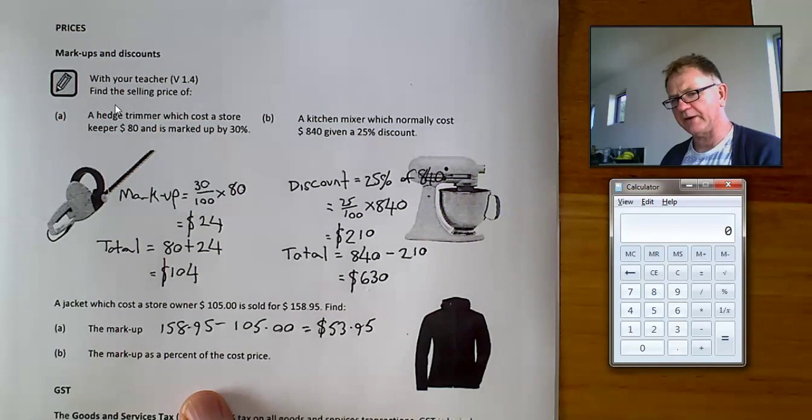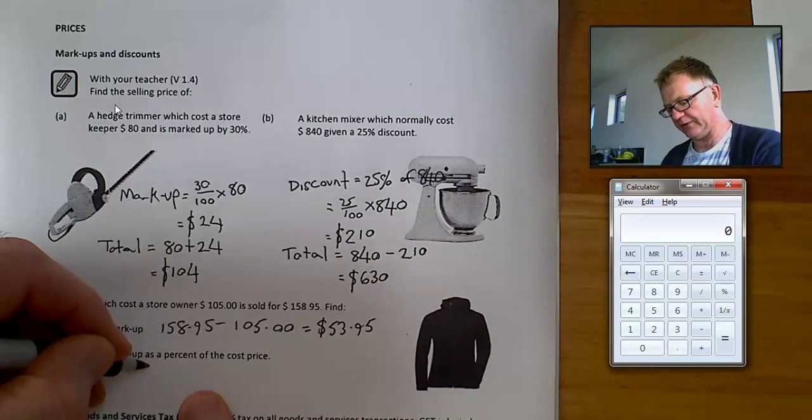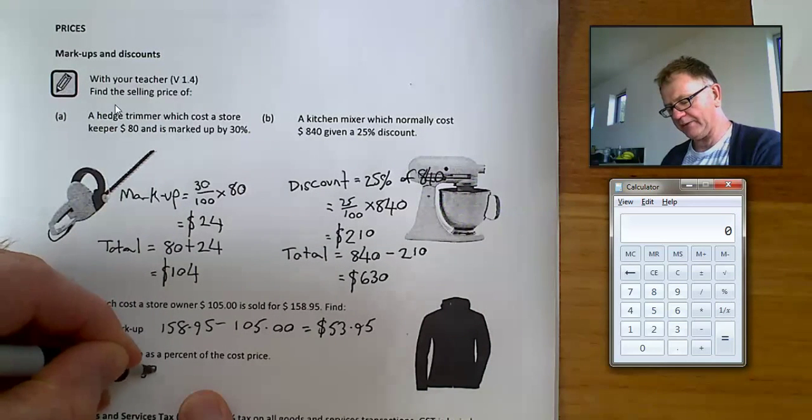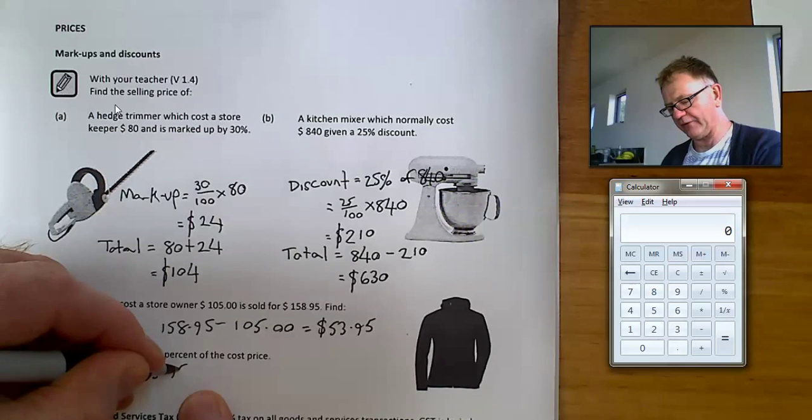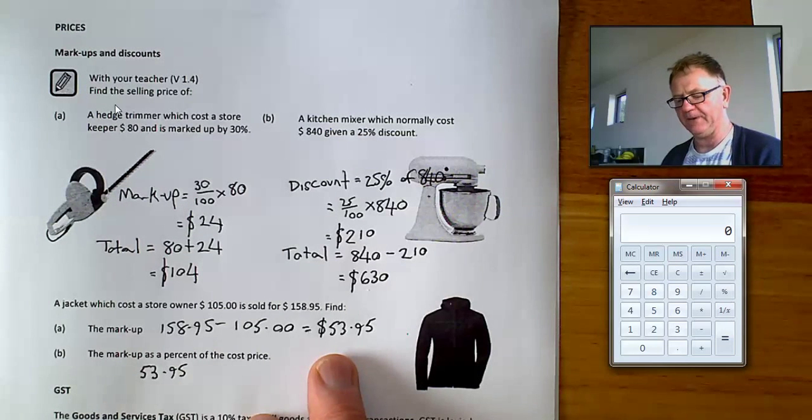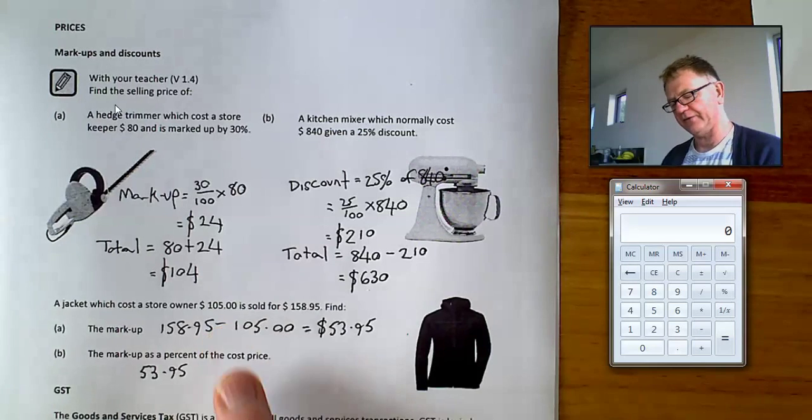Now the last little one is a little bit tricky. It asks us to work out the markup as a percentage of the cost price. Now to do that, first of all, start by working it as a fraction. The amount of the markup was $53.95. That's what we worked out a second ago. We've got to express that as a percentage of the cost price. What did it cost the owner? $105.